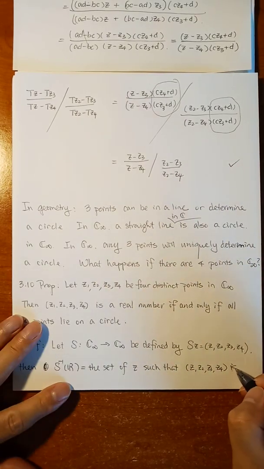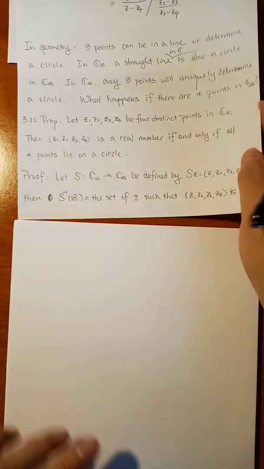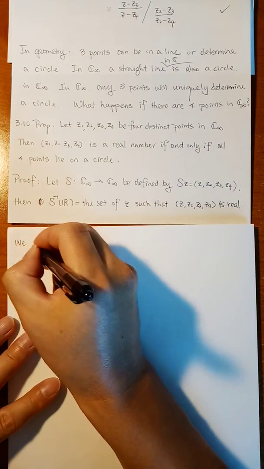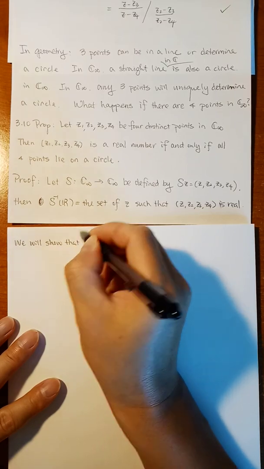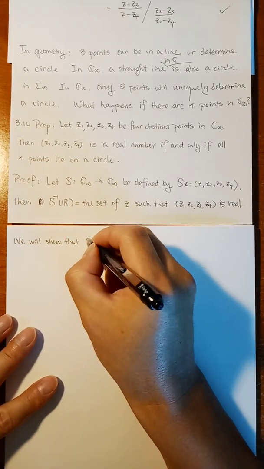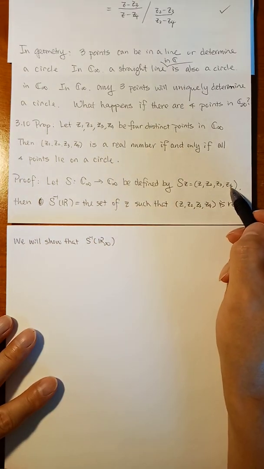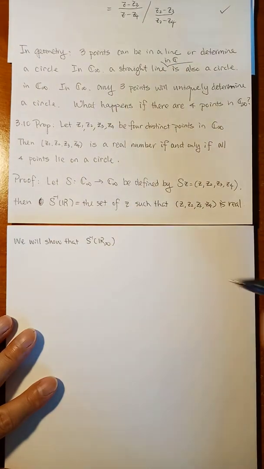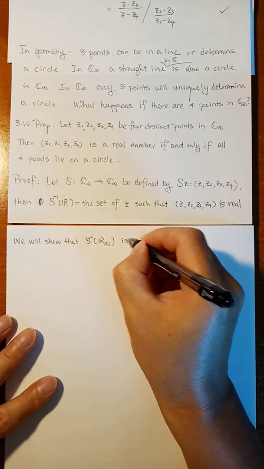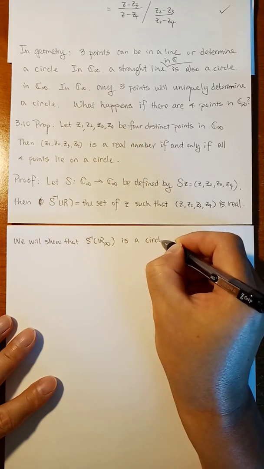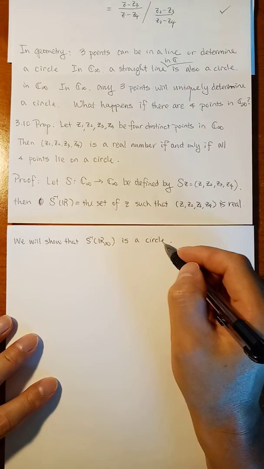And we will show that S inverse of R, or R infinity, because Z4 is mapped to infinity so we consider the infinity, S inverse of R infinity is a circle. We're going to show it is a circle.